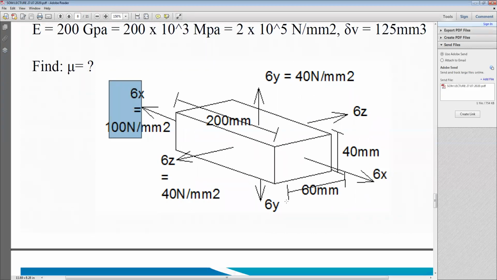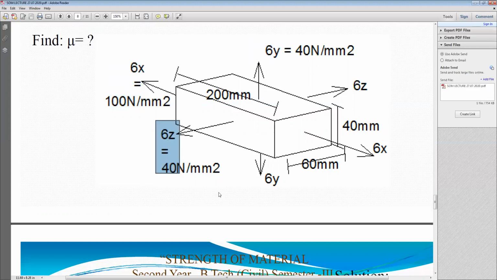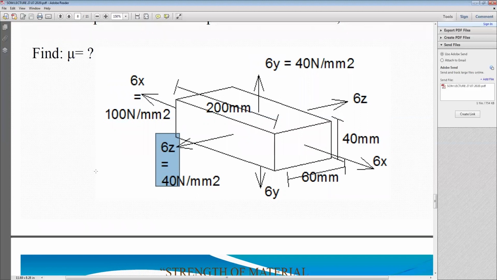After that, on the other two planes, as already mentioned, sigma y is equal to 40 Newton per mm square, and sigma z is again equal to 40 Newton per mm square. So please draw this figure immediately. Sigma x, sigma y, sigma z are the triaxial force system acting on a body, meaning sigma x elongates the body automatically. There is a reduction in the depth and a reduction in the width.